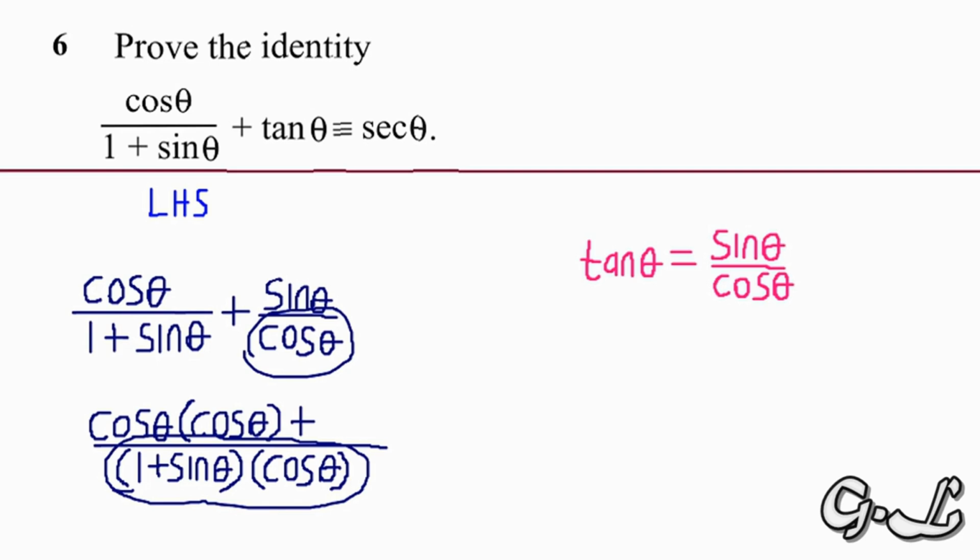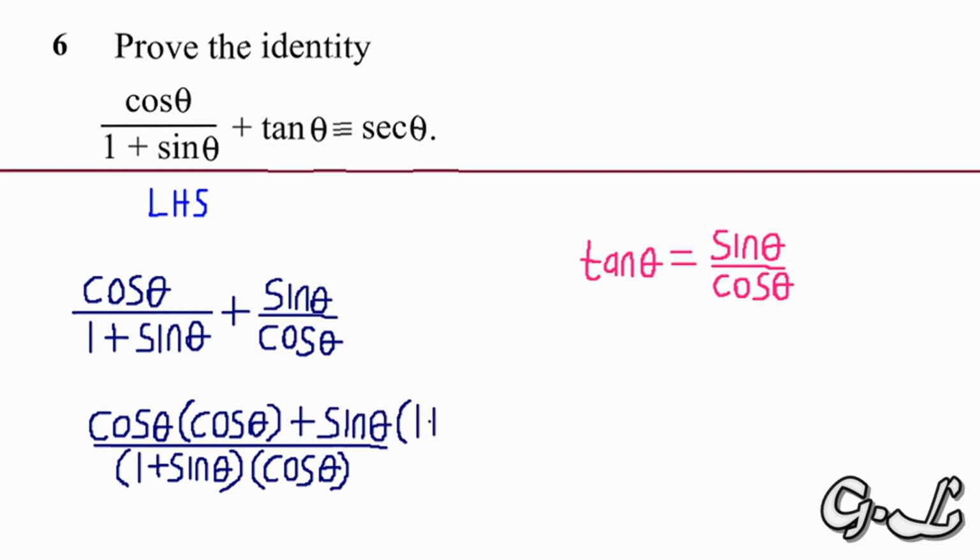So when you divide, the cos is going to be cancelled, and what you're going to simply remain with is 1 plus sine theta. So 1 plus sine theta is going to be multiplied by sine theta, which is the numerator. So it is going to be like that.